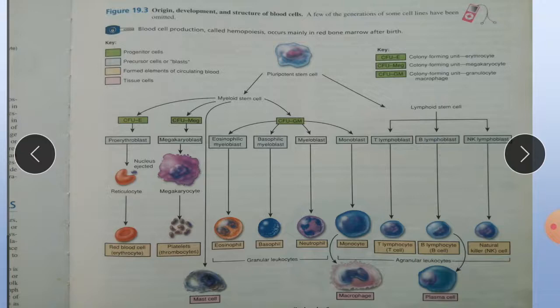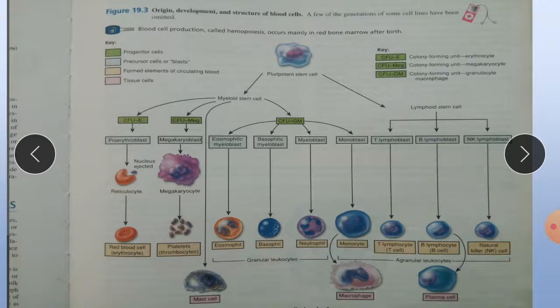Following the CFU designation is an abbreviation that indicates the mature element of blood that it will produce. So here you can see the CFU units: CFU-E, CFU-Meg and CFU-GM, for granulocytes and macrophages.